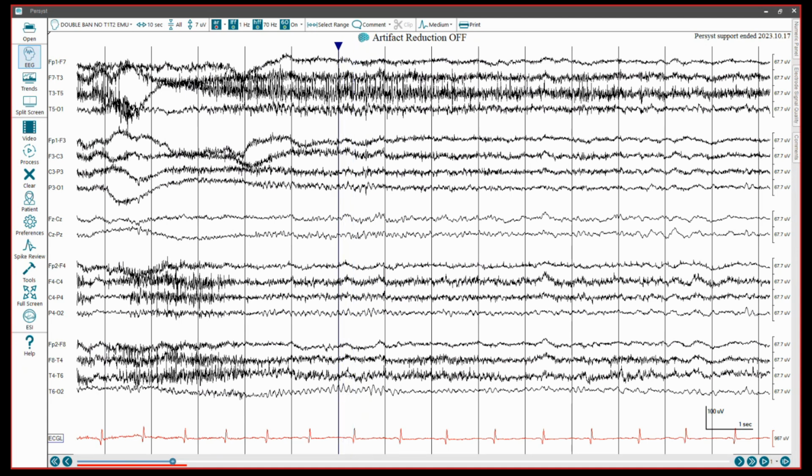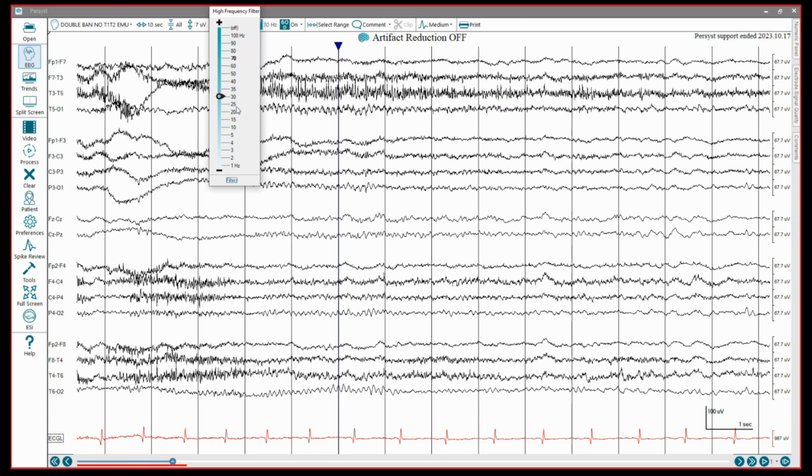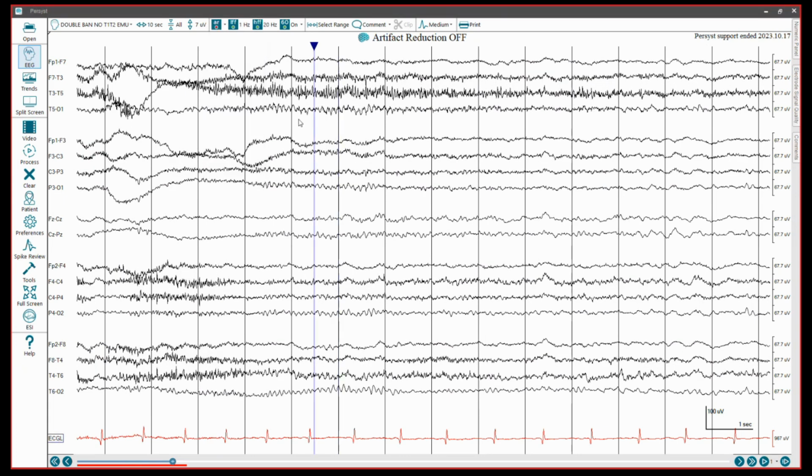We have a lot of EMG on the left side, so just temporarily, let's reduce our high filter setting so we can better resolve the PDR. We're going to make sure that the frequency is synchronous and symmetric with respect to frequency. We know it's synchronous. We want to make sure that the frequencies align, that the left is not slower than the right or vice versa.